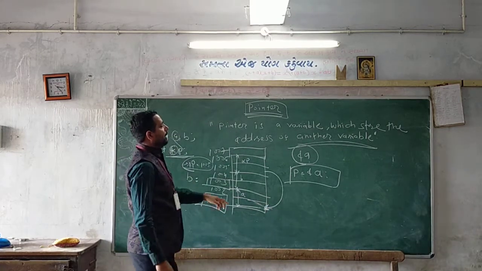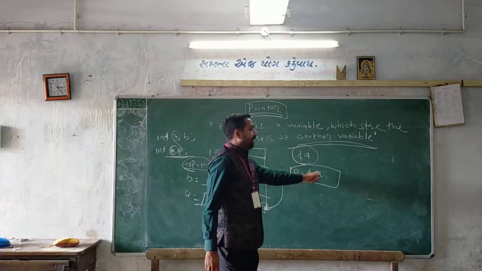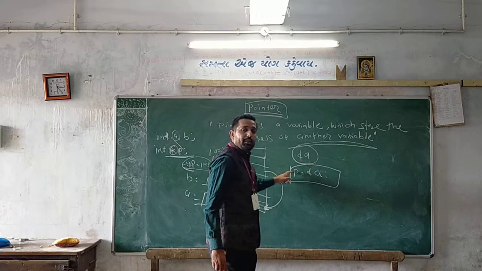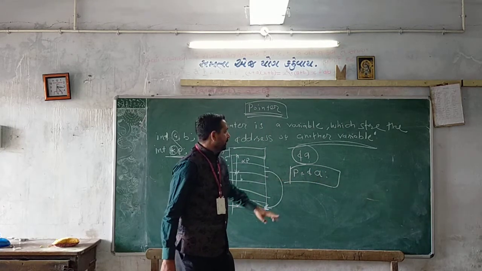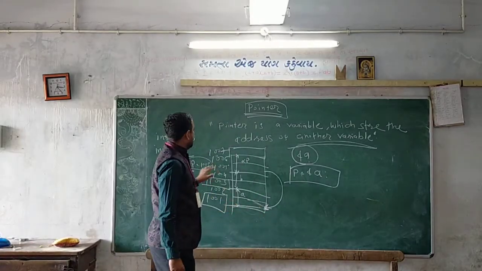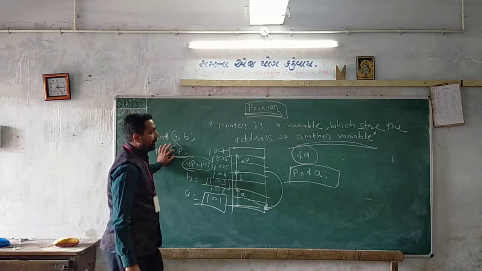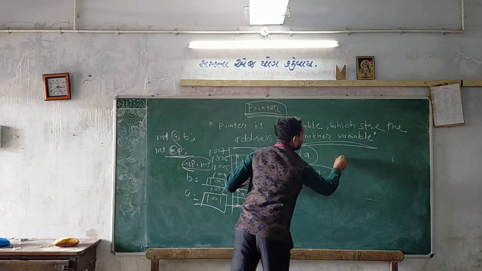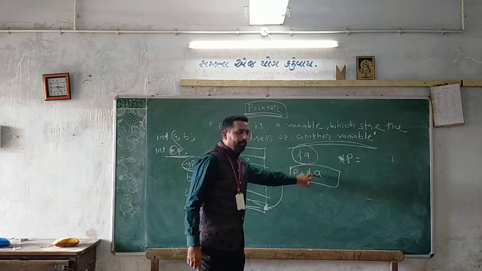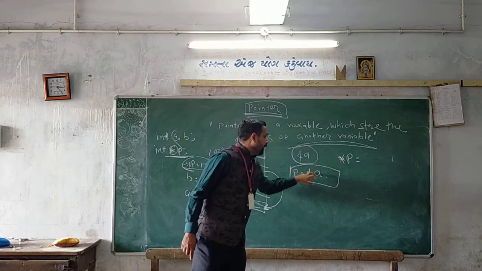So &a means the address of a is stored in pointer p. So when we use *p, it uses the value of a because it stored the address of a.